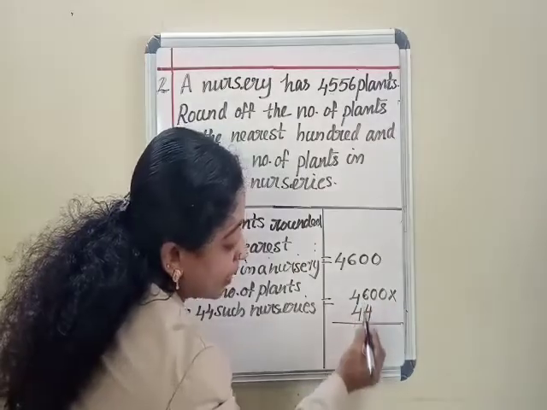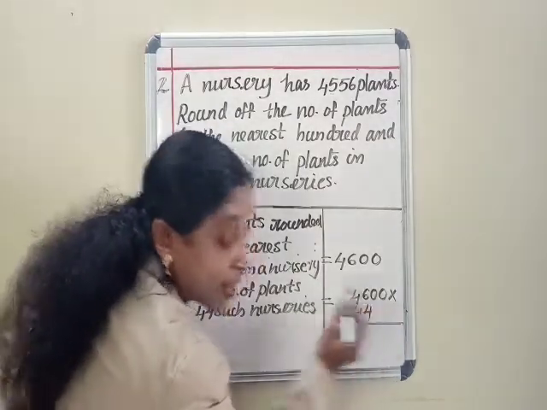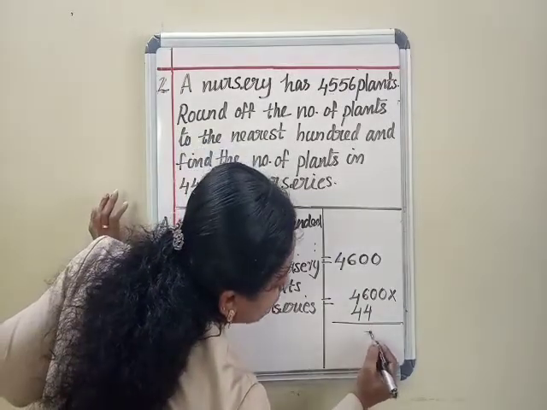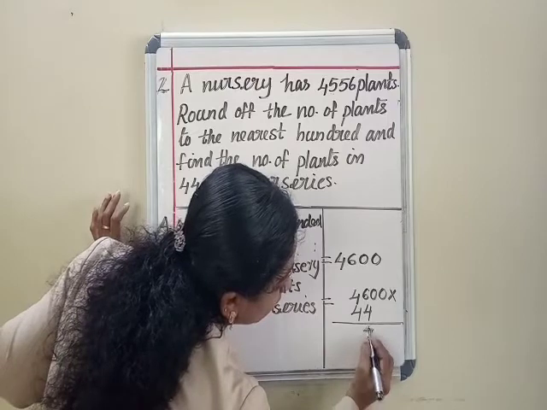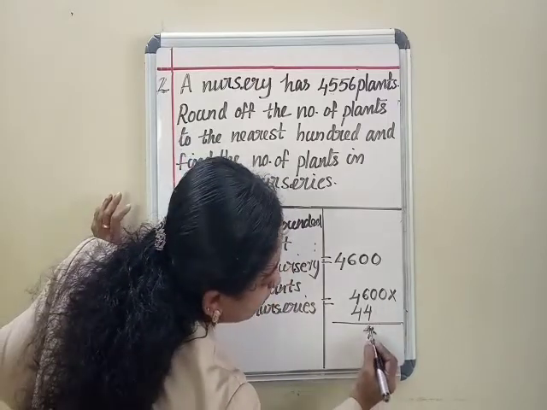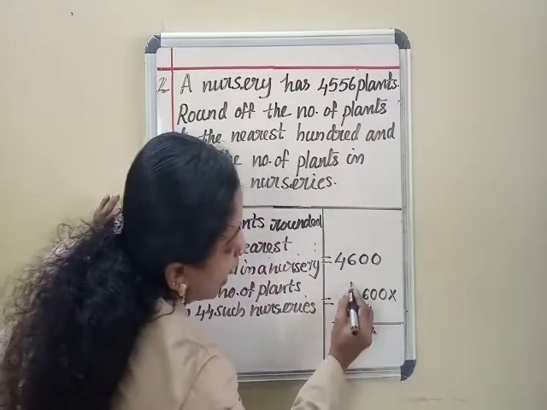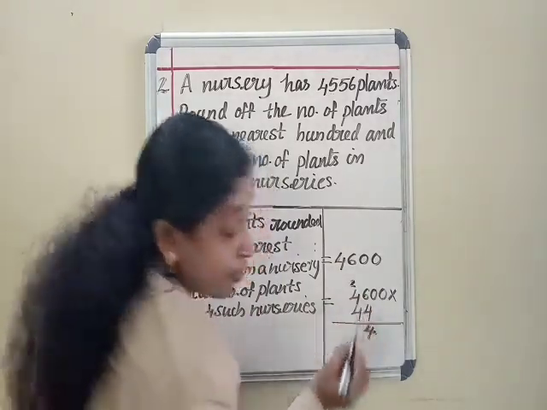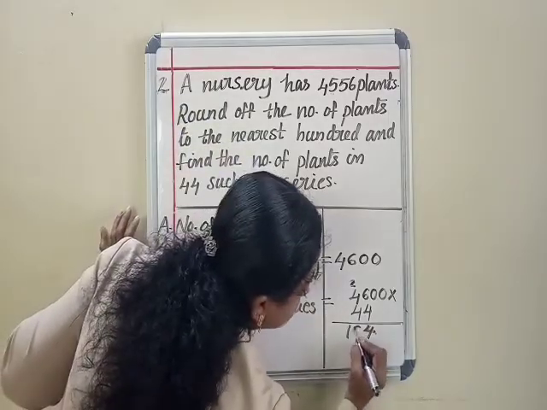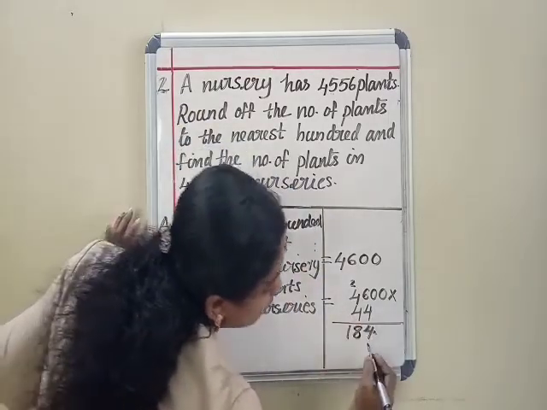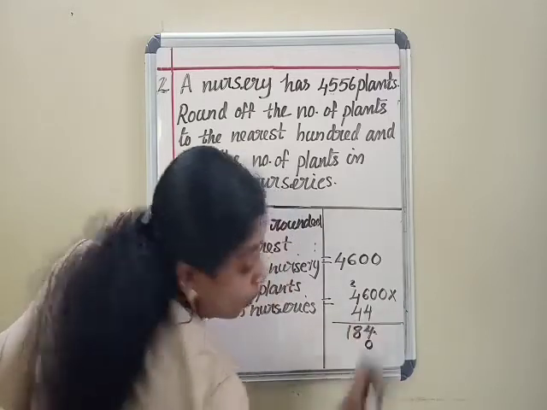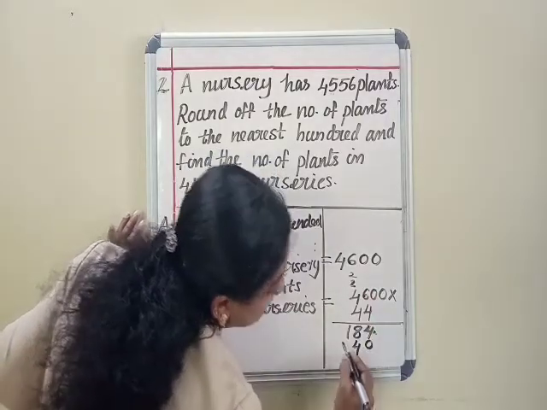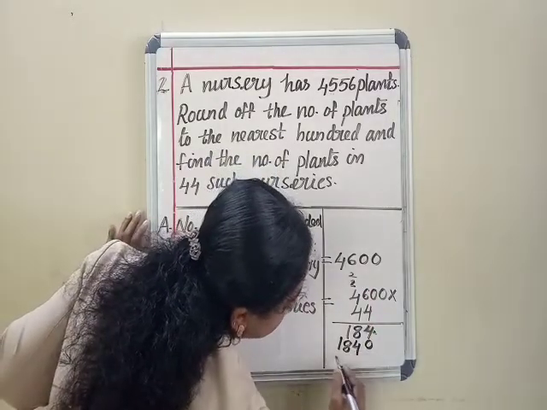We can only multiply the numbers and after, on the right side, we can add these two zeros. 4 into 6, 24. Carrying 2. 4 4s are 16 plus 2, 18. Again 4 into 6. Here we can put 1 0. 4 into 6, 24. Carrying 2. 4 4s are 16 plus 2, 18.